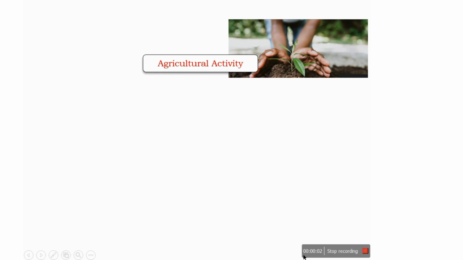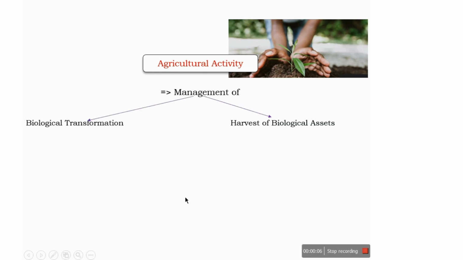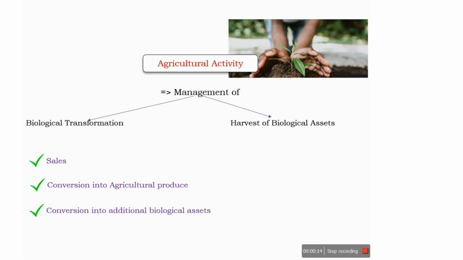Agricultural activity is management of biological transformation and harvest of biological assets for the purpose of sale, conversion into agriculture produce, and conversion into additional biological assets. To be classified as agricultural activity, there should be involvement of management in biological transformation and harvest of biological assets.